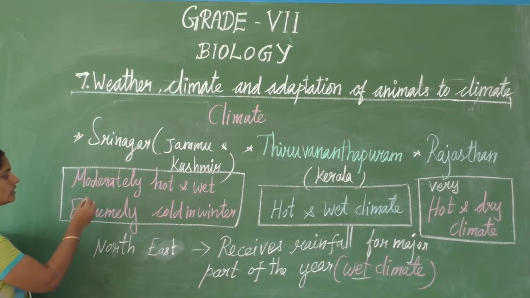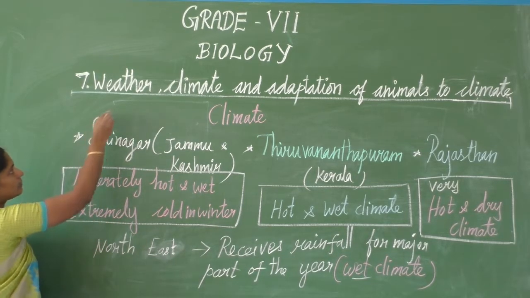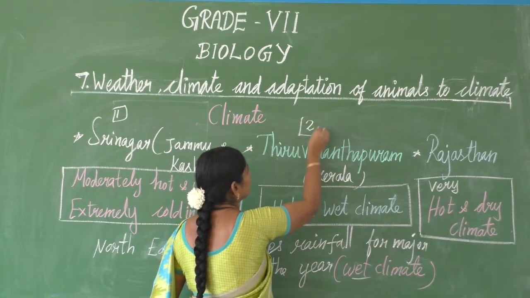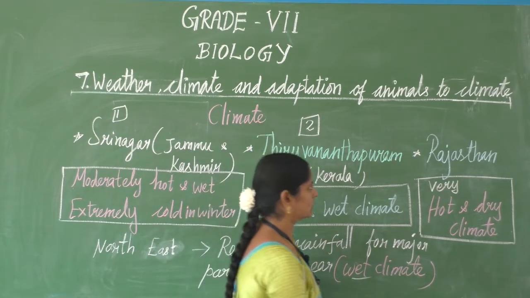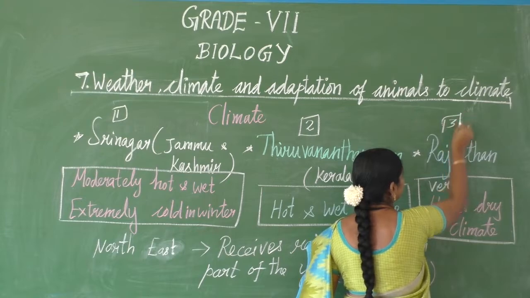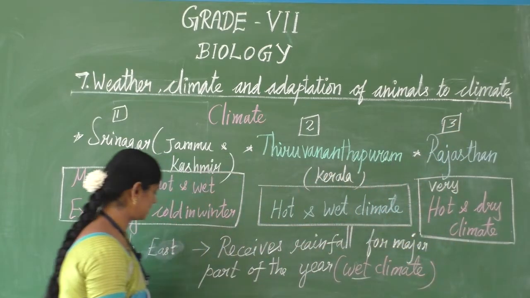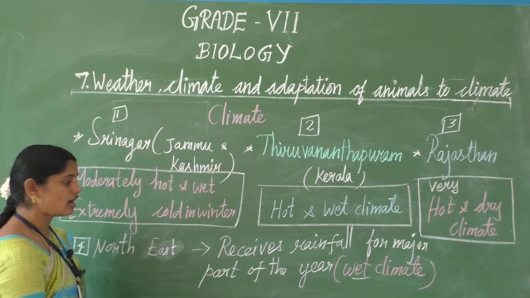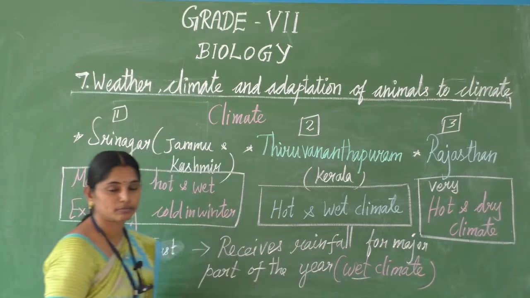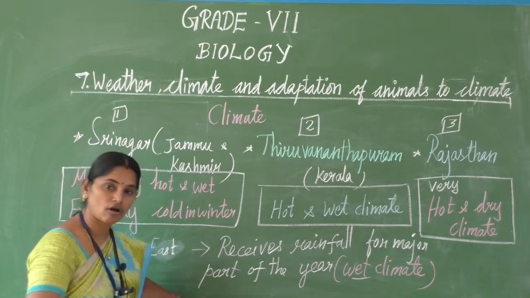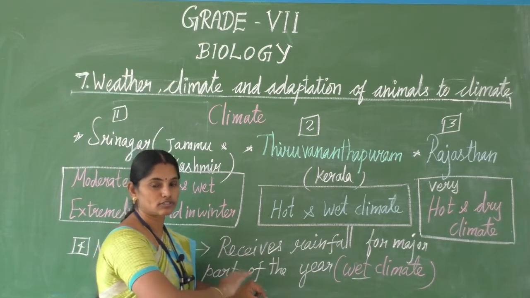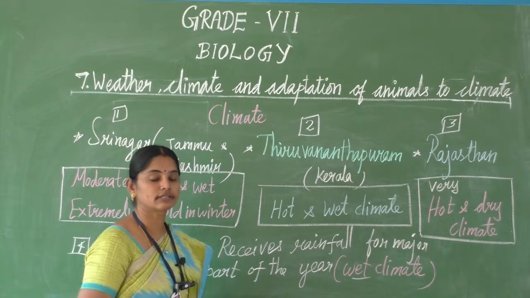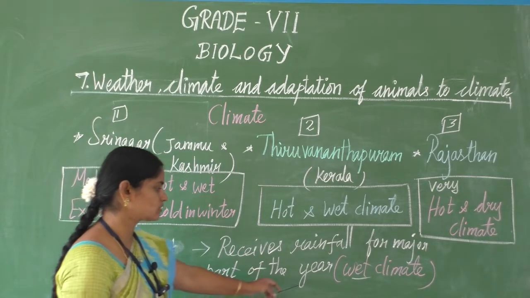Srinagar, Jammu, Kashmir, moderately hot and wet climate. Then second one, Thiruvananthapuram, hot and wet climate. Then in Rajasthan, very hot and dry climate. Then northeast part of our India, wet climatic condition because it receives more rainfall, mostly 8 months it receives more rainfall. So it is wet climate.